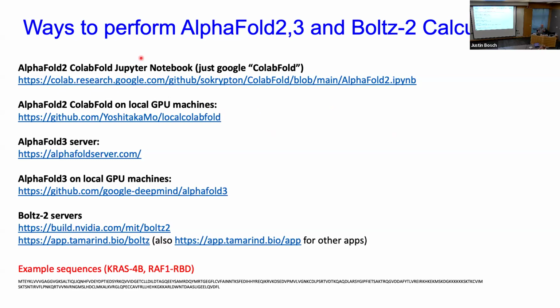AlphaFold 2, the way that most people will do it is the ColabFold Jupyter Notebook. A Jupyter Notebook is just a web page that has a program in it, and you can execute certain parts of the program. Colab means Google Colab.